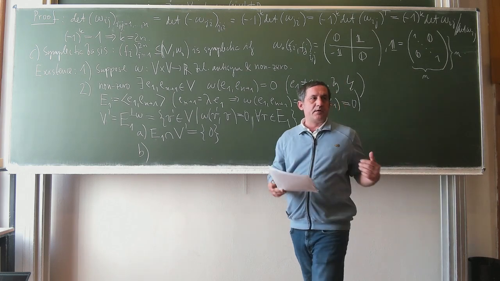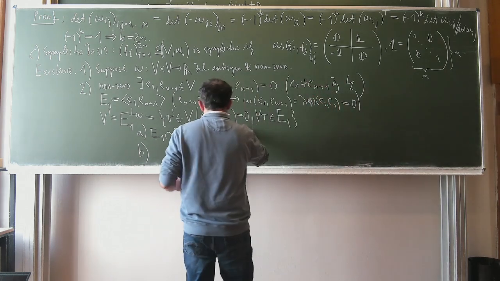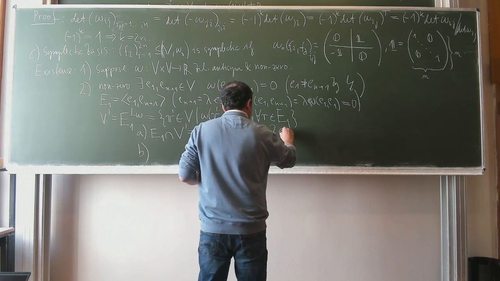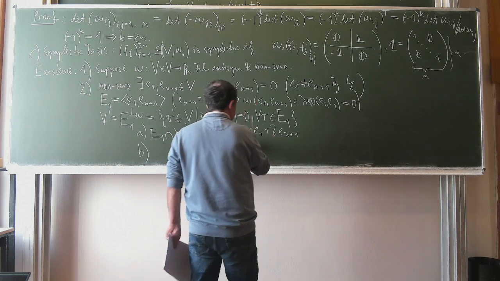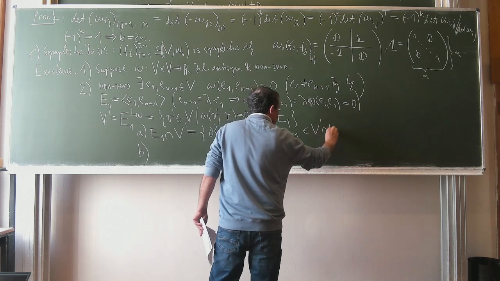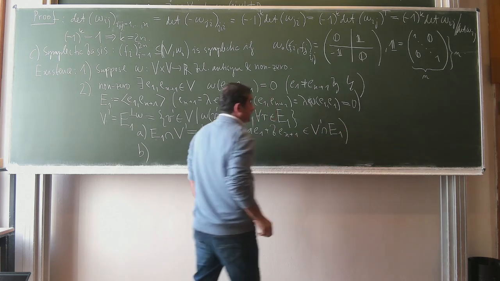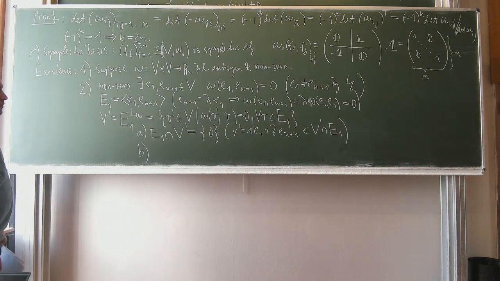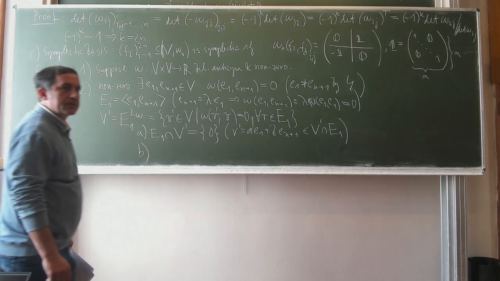Let us write it as a linear combination of the two vectors, and then compute the scalar product of this V prime with E1 and with E_{n+1}. You get that a and b are 0. So exactly what is expected.